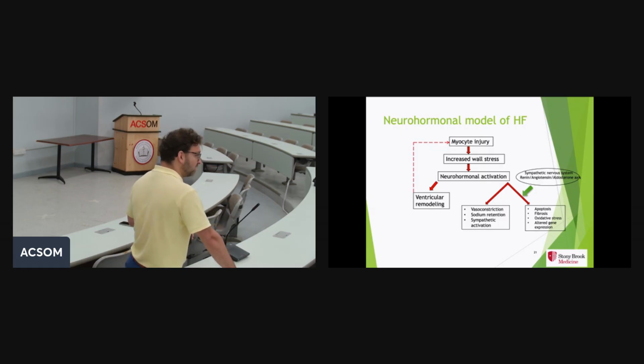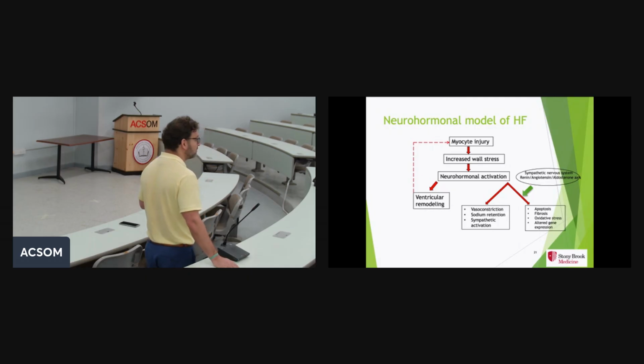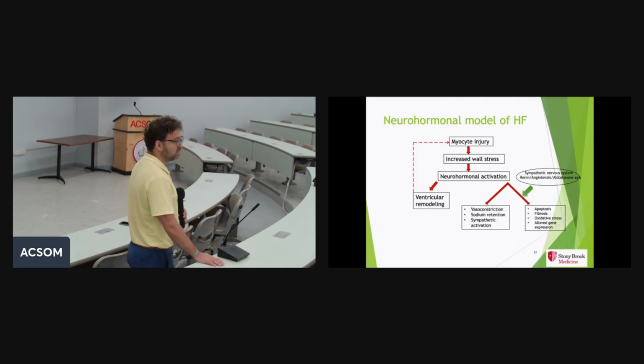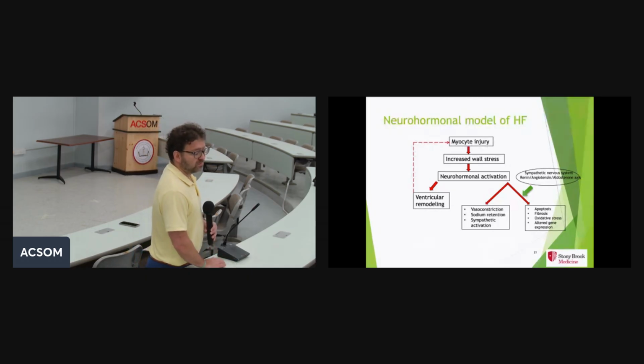Renin, angiotensin, aldosterone. Is this familiar? Remember, angiotensinogen goes to angiotensin 1, goes to angiotensin 2. What's angiotensin 2? Vasoconstriction. Aldosterone. What does aldosterone do? Sodium and water retention.